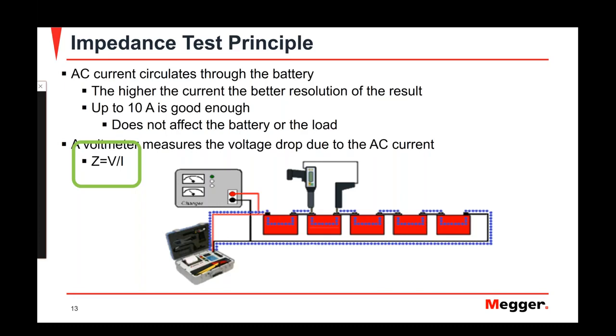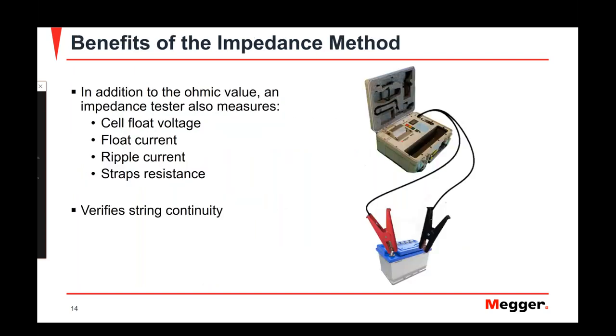Using this method, you obtain both the cell impedance value and you can record the cell voltage. Now, some of the benefits that we have by using this method is there's some additional information to help us evaluate our batteries. Now, one of those is being the flow current of each cell, since we've already measured that value, and it gives us a good idea of the state of charge of our batteries.